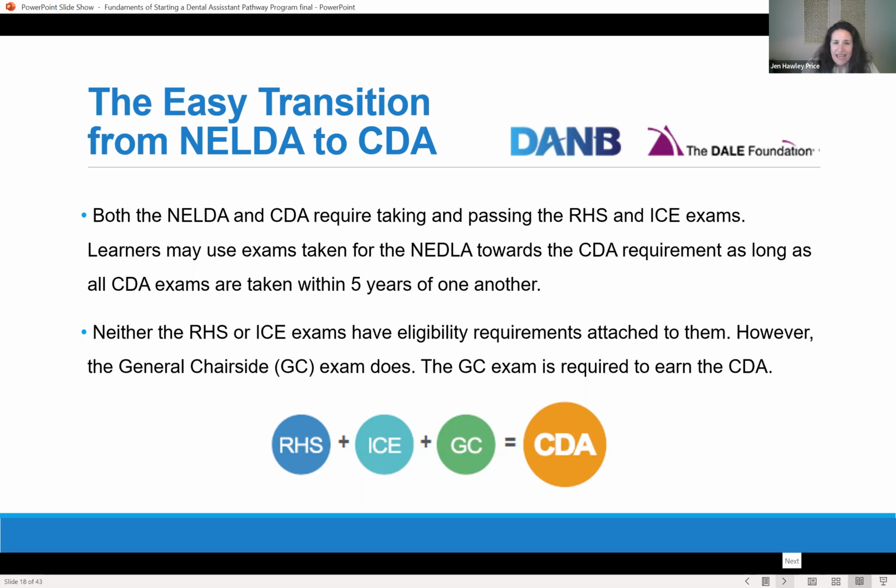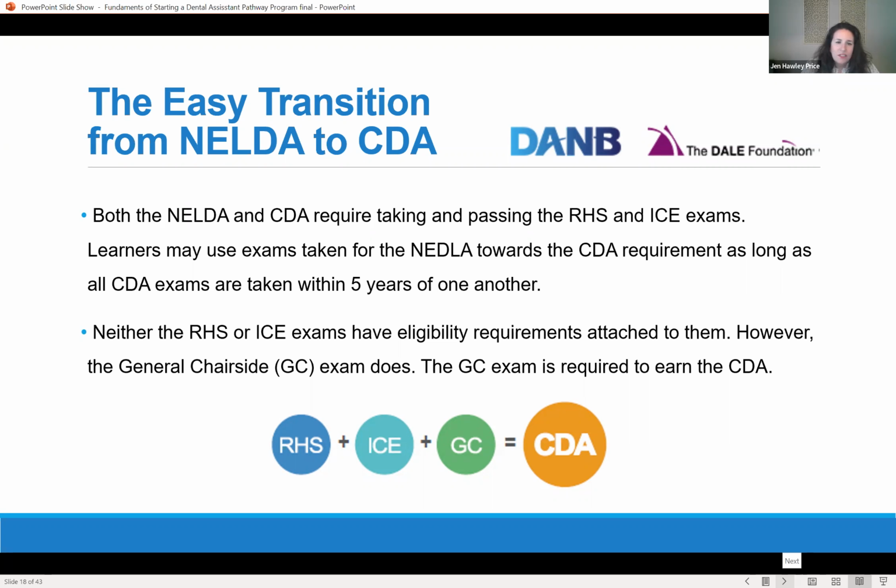take and pass that GC exam, which is DANB's general chairside exam, they will not have to retake the RHS and ICE exams. So this is a great way for them to be essentially 2 steps closer to earning their CDA. So one difference regarding the general chairside exam and why that's not a part of the NELDA certification is because it does have some eligibility requirements.